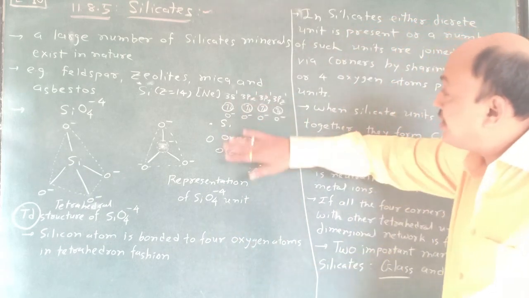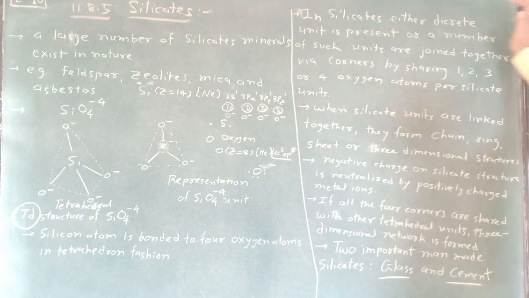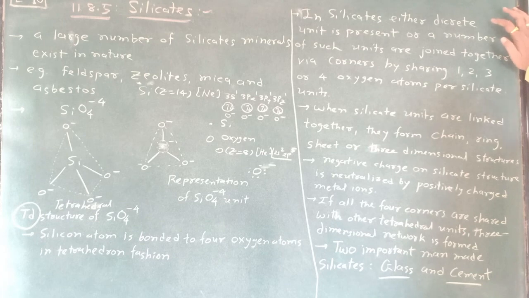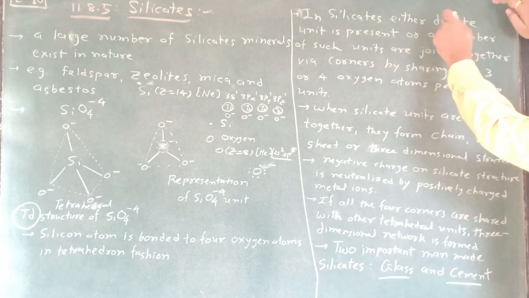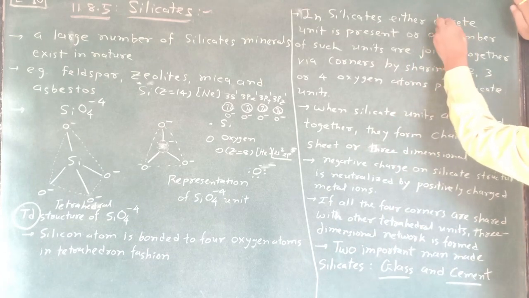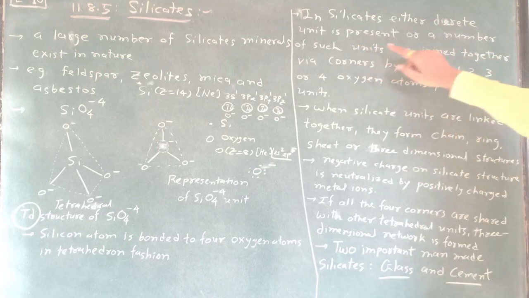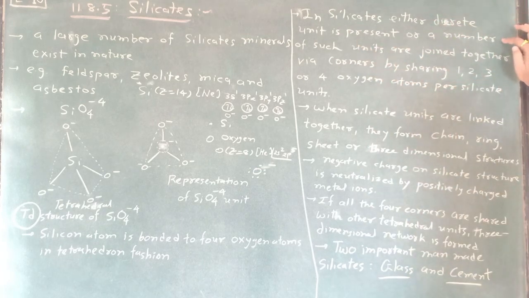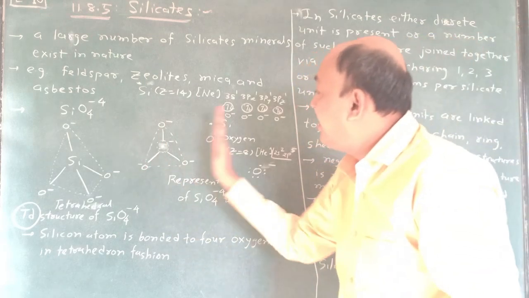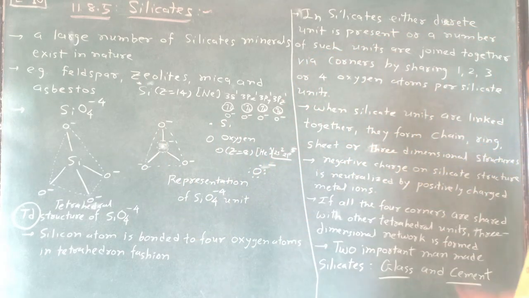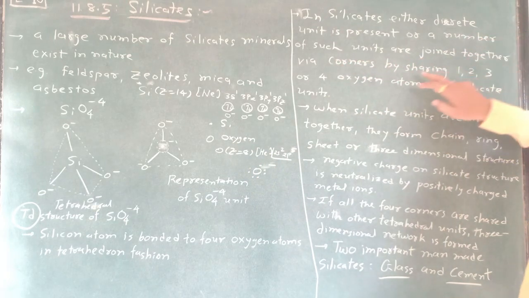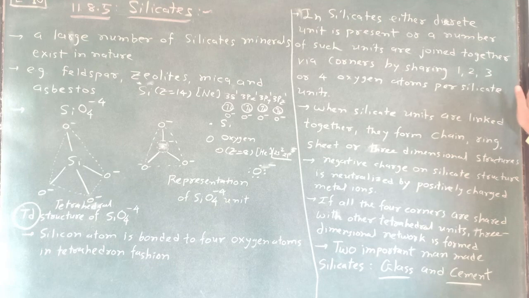So just to write, this is very important. In silicates, either a discrete unit is present, or a number of such units are joined together via corners, by sharing 1, 2, 3 or 4 oxygen atoms per silicate unit.